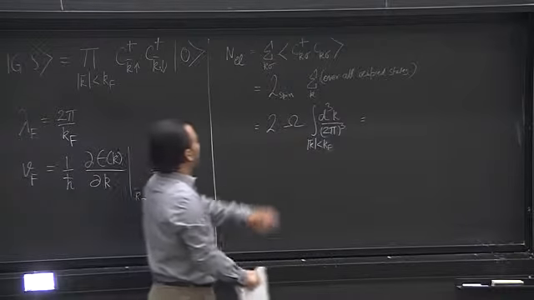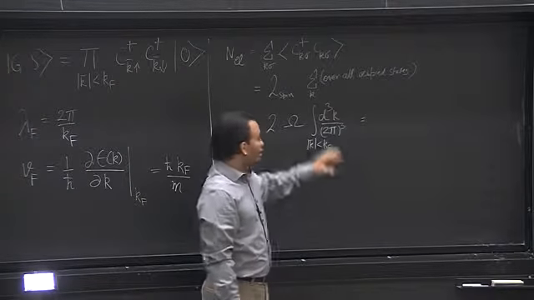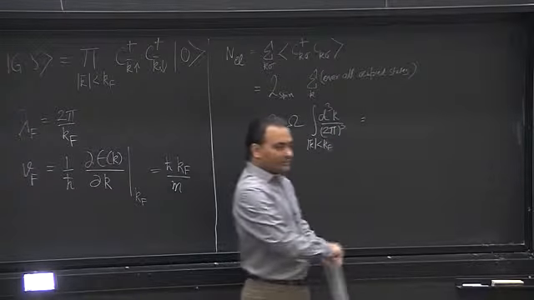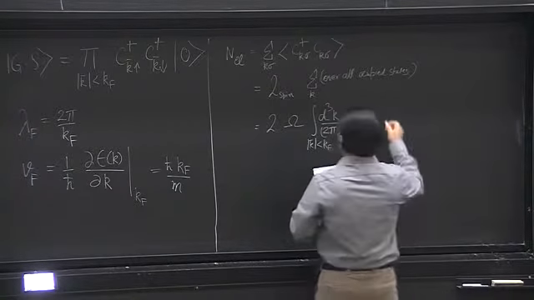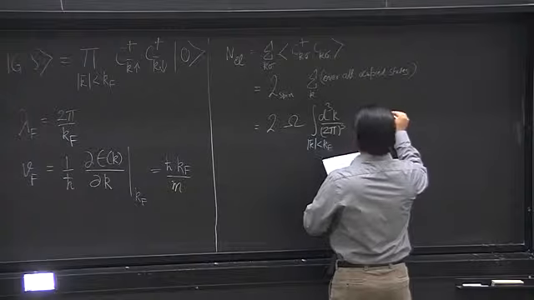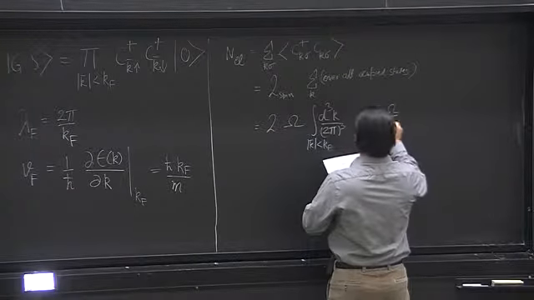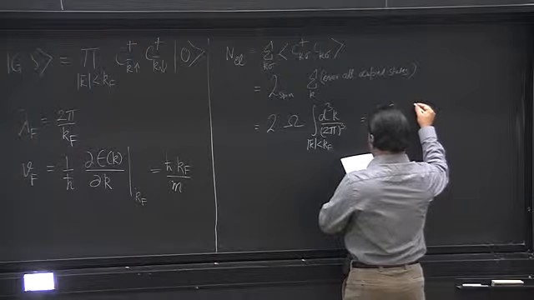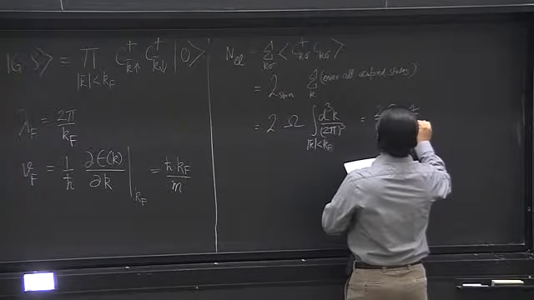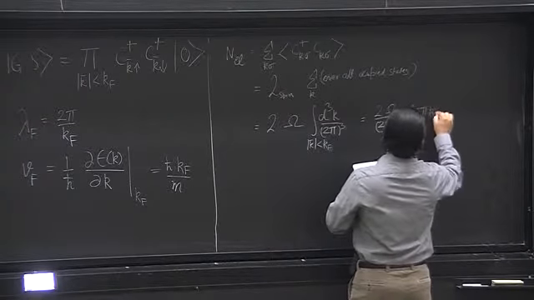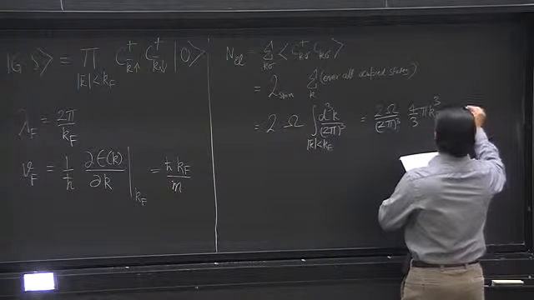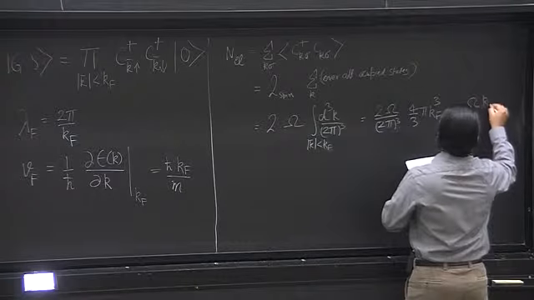The reason I went through all these steps is just to get these factors right. So you have 2 omega divided by 2 pi cubed, and then the volume of the sphere. So you basically have omega kf cubed.